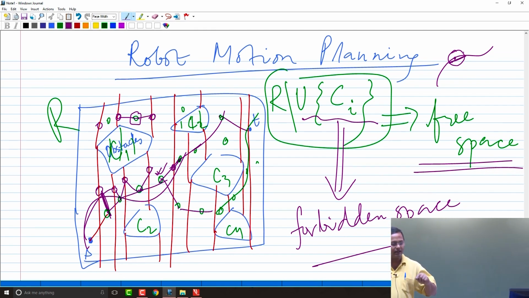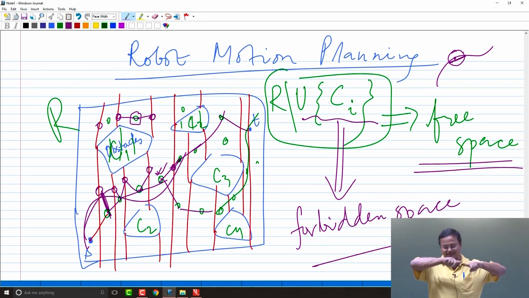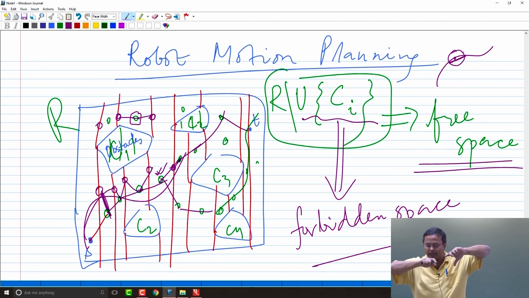Second, now you know that your shortest path will have polylines, right. Can this dangle in the free space?